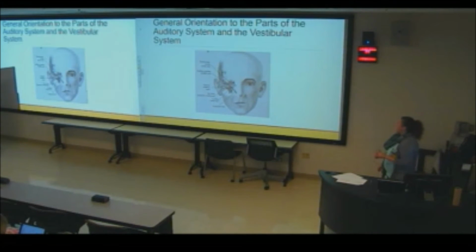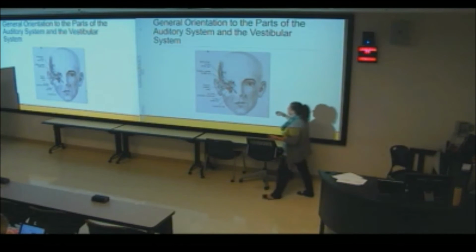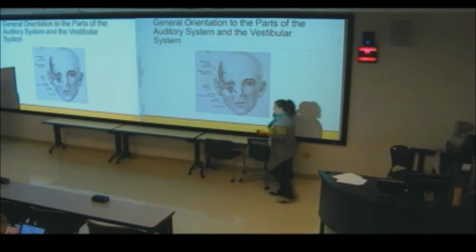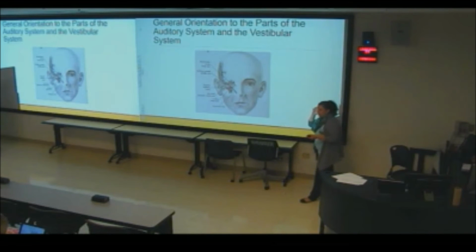If you think about the auditory system, we know it's comprised of the auditory system and the vestibular system, so we have the cochlea and the semicircular canals. It's really situated right behind the eye, just a little bit lower. It's easy to visualize the ear canal and the ear, because we can see the pinna on the external portion.